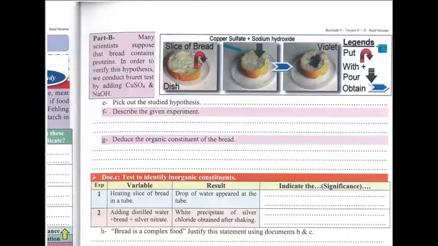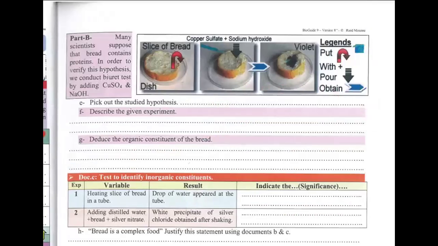بنروح على البارت B للسؤال: many scientists suppose that bread contains protein. منهم متأكدين؟ suppose شو يعني؟ لما بنشوف suggest أو suppose أو think، هيدي دغري بقول أنا hypothesis، okay. in order to verify هيدي الhypothesis، هن أصلا هون قالوا لنا عملنا بايوريت تيست. كيف نعمل بايوريت تيست؟ بنزيد هدول two chemicals، okay.